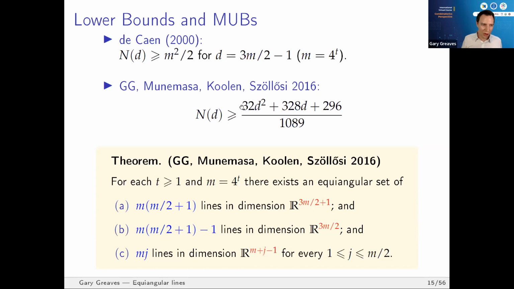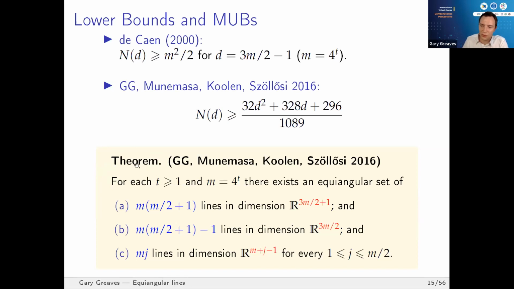So I want to briefly show you how we can turn mutually unbiased bases into equiangular lines. So let's see, how do we do this? Well, I'll show you by giving you the idea of how to prove this theorem.